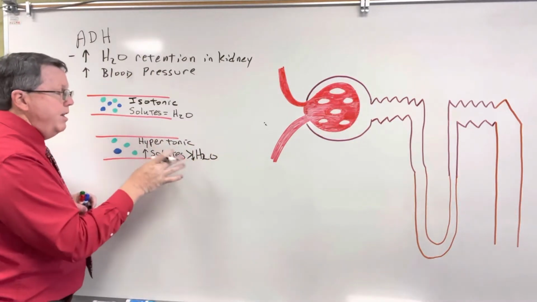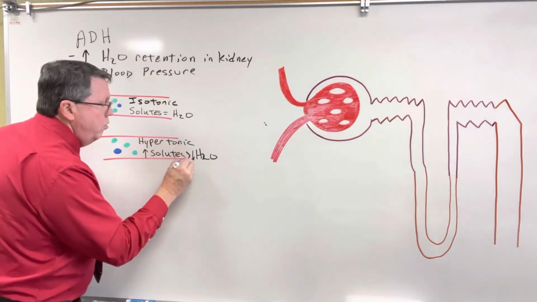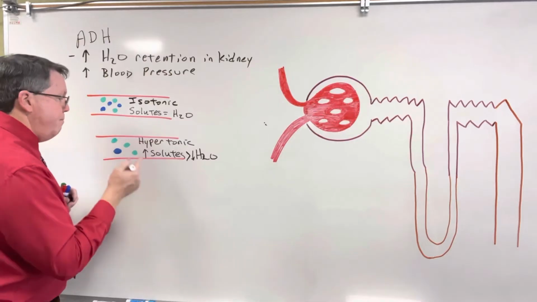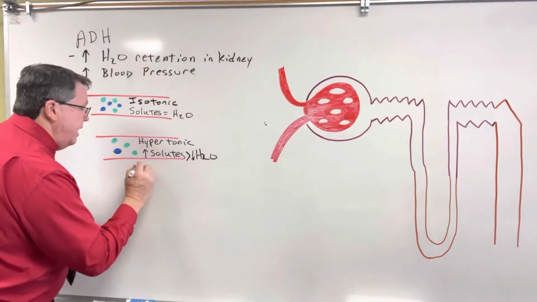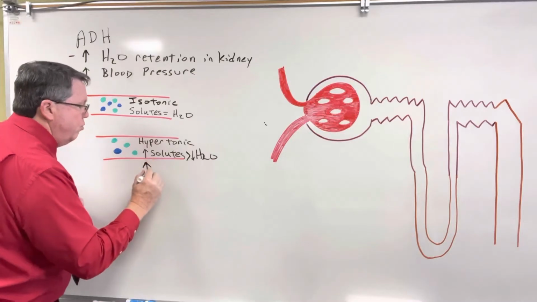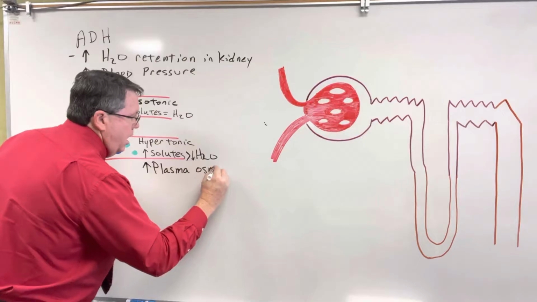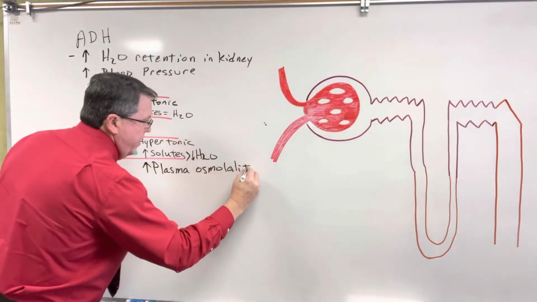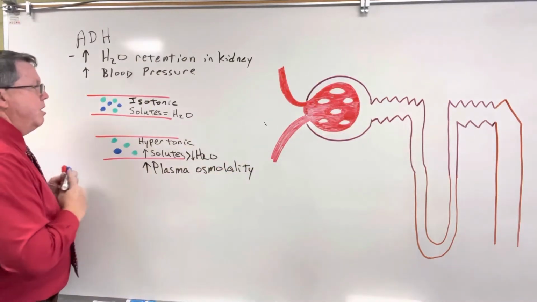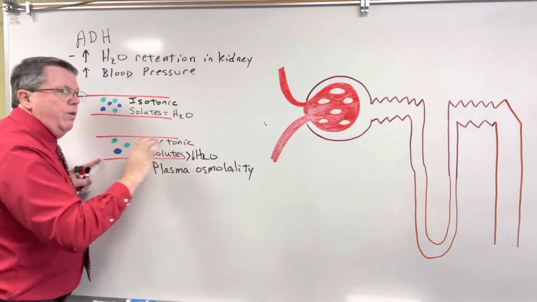When you have an imbalance like that, when we're comparing the amount of solutes to water, what we call that is plasma osmolality. In this case, because I have more solutes, we have an increase in plasma osmolality. Okay? The other thing is that in this situation there's less water, so there's less fluid for the heart to pump.